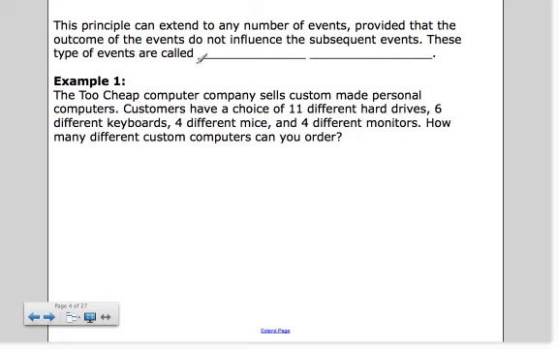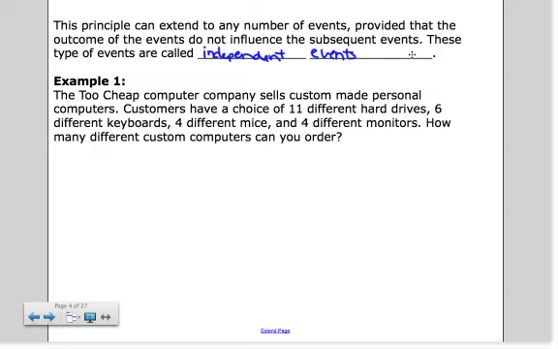It doesn't matter how many places you're trying to go or how many items you've got, as long as the outcomes do not influence subsequent events. This type of event is called an independent event. Independent events are events whose outcome does not affect subsequent events.